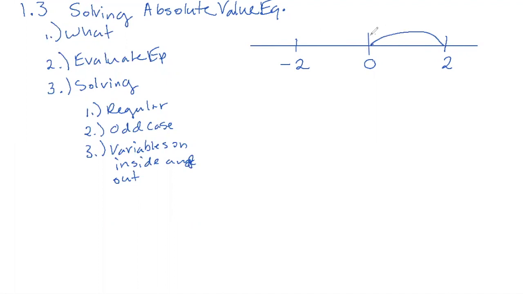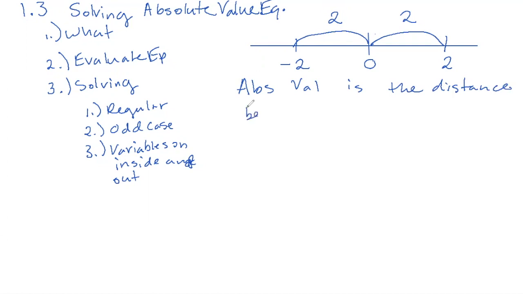So the distance between 0 and 2 is just 2, right? And the distance between 0 and -2 is also 2. So if you think about it, we can say absolute value is the distance between 0 and the number. Between 0 and the number.